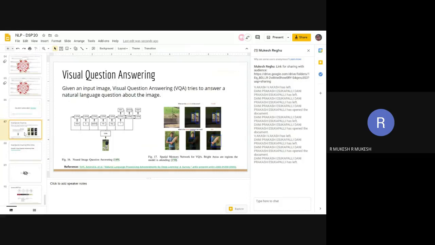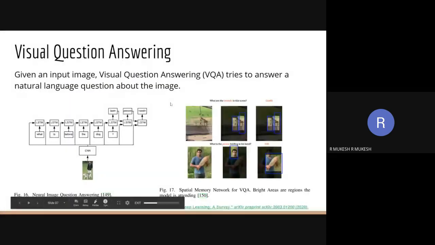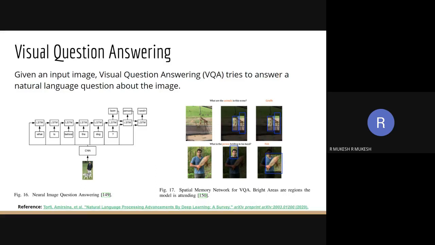Another, let's say we talked about question answering in the morning, and I just wanted to share another important sub-aspect or task, which is at the intersection of NLP and computer vision, right? That task is called visual question answering.